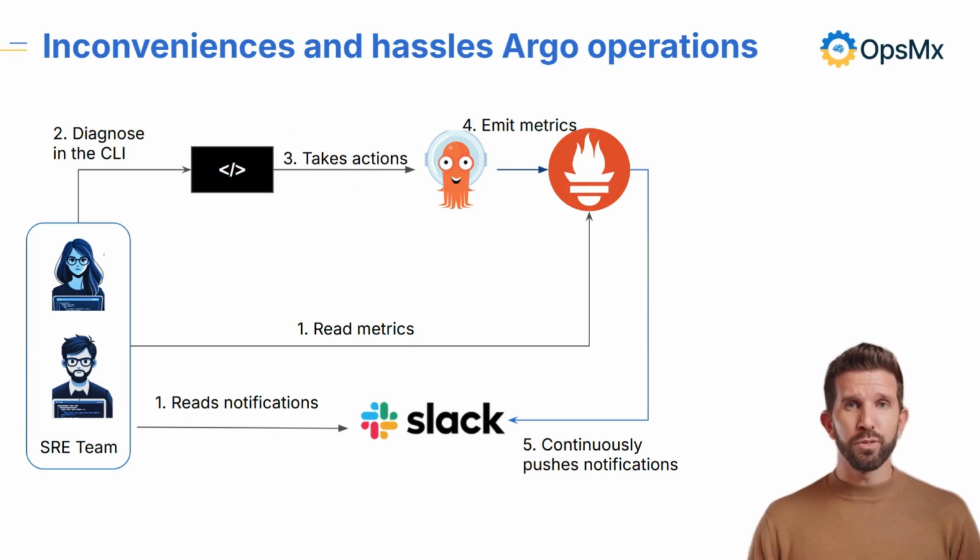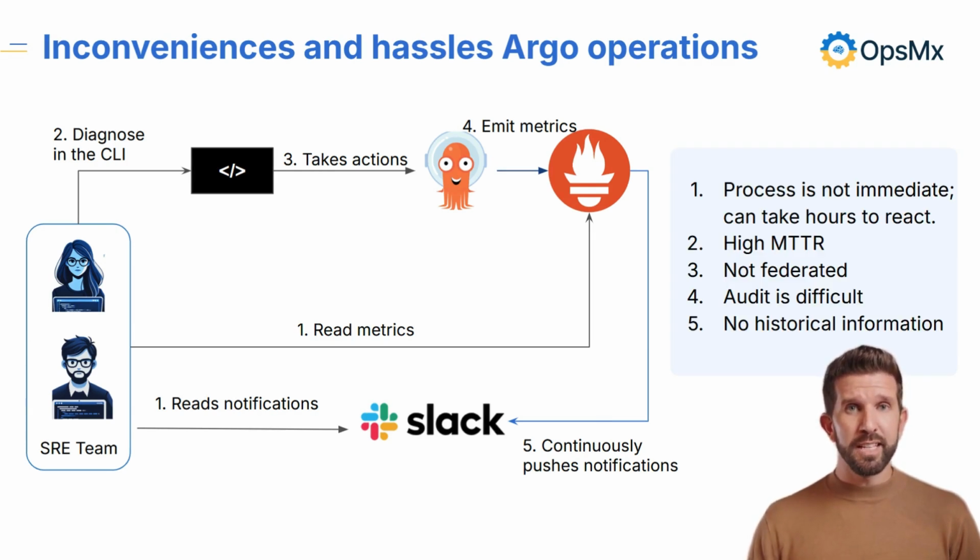Let's compare the old-school workflow with the common headaches SRE teams face. On one hand, teams get bombarded with notifications, manually sift through them, troubleshoot via the CLI, and then fix things. This often leads to delays. Sometimes it takes hours to respond, which means longer downtimes, scattered information, and a lack of historical context for audits.